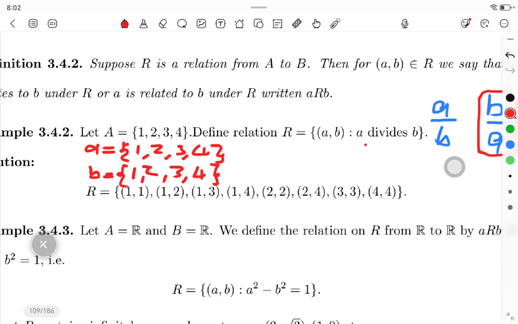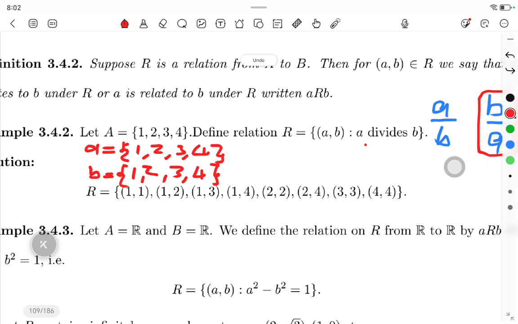You'll see when we come to equivalence classes that most of the time this is what we're supposed to do. Since a divides b, we ask ourselves whether the numbers give us a remainder or not. If they do not give us a remainder, then we take that pair and put it as part of R.